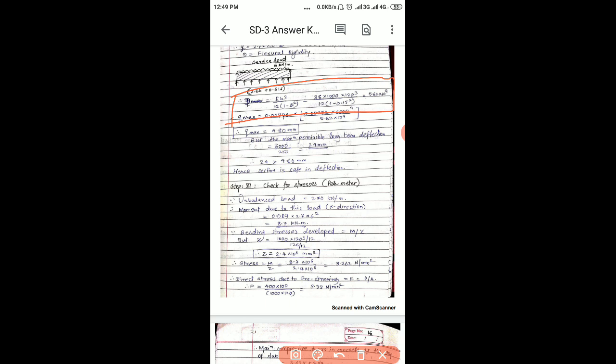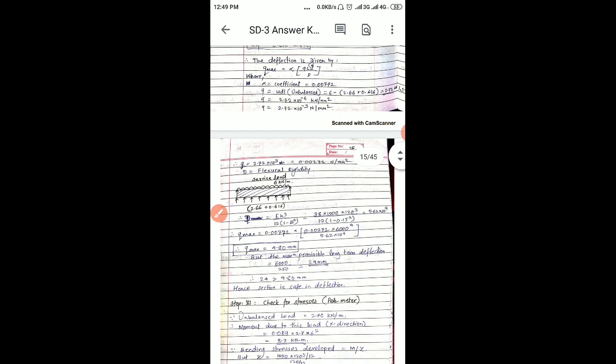Mu is the Poisson's ratio for concrete. It's generally taken as 0.15. E is 36 into 100 into 1000, and h is 120 cube divided by 12 into 1 minus 0.15 square. So we get this value of Q max.